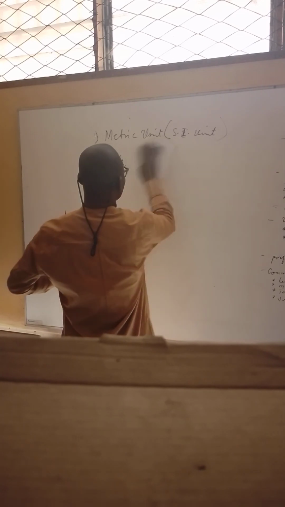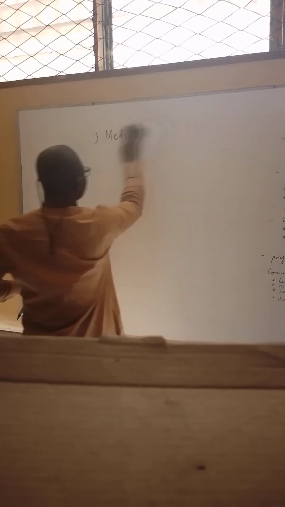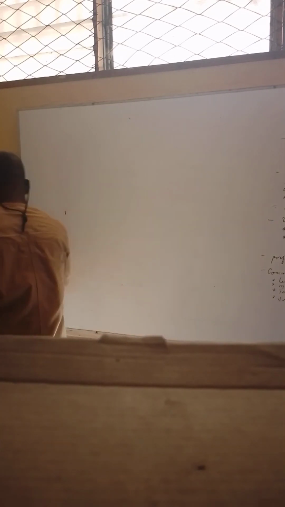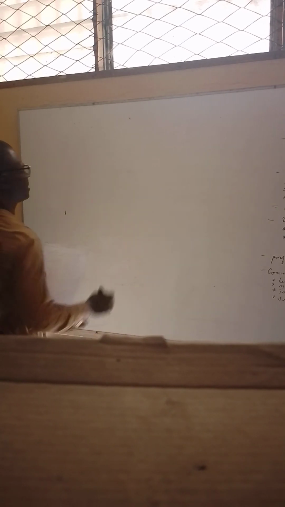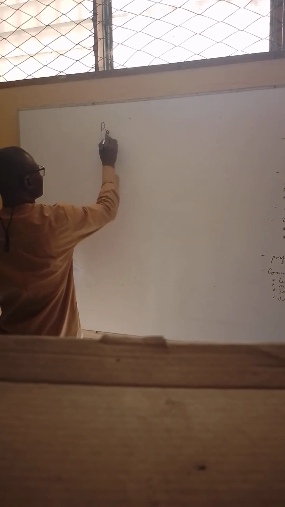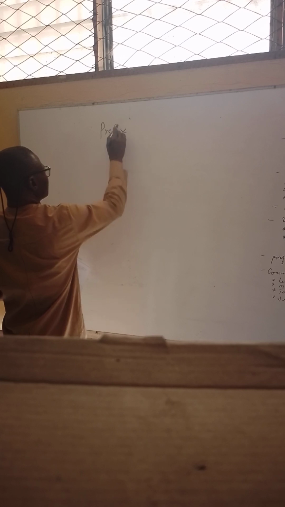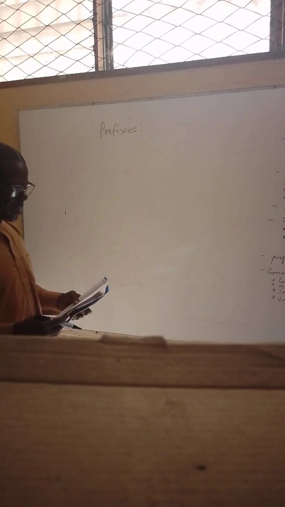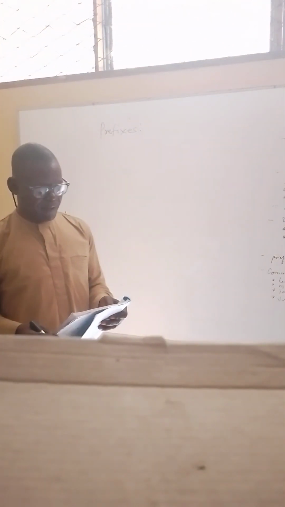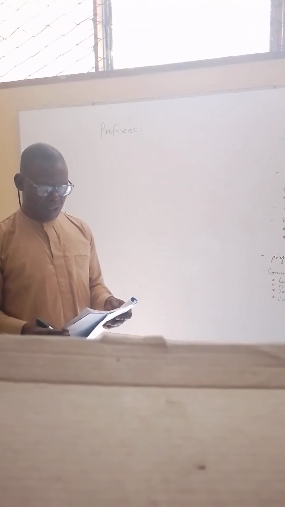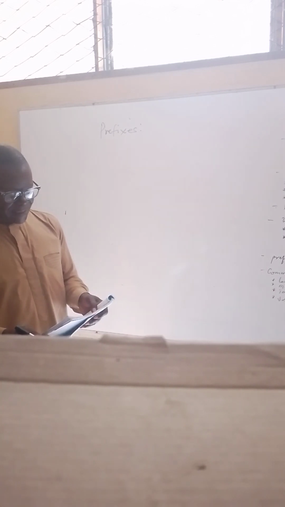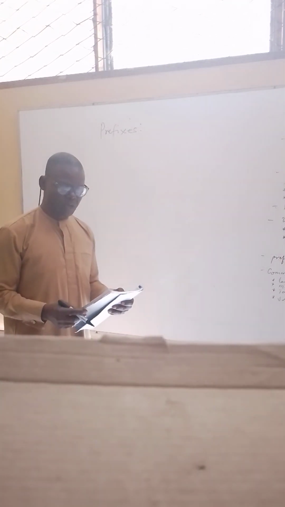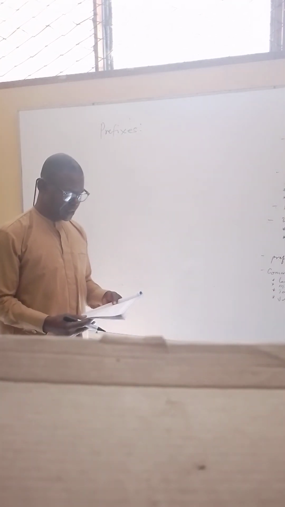And then we go to the next topic, which is prefixes. You see, when a numerical quantity is either very large or very small, the unit used to define its size may be modified by using a prefix. What does that mean?